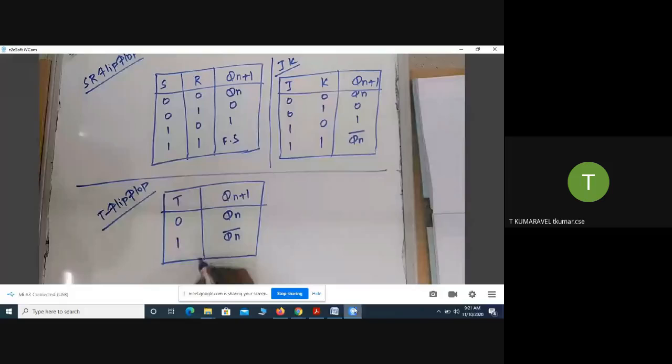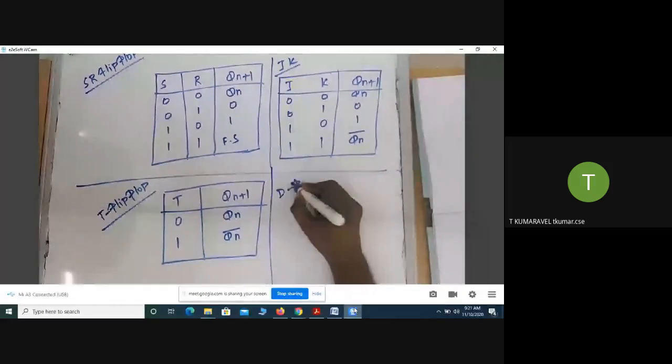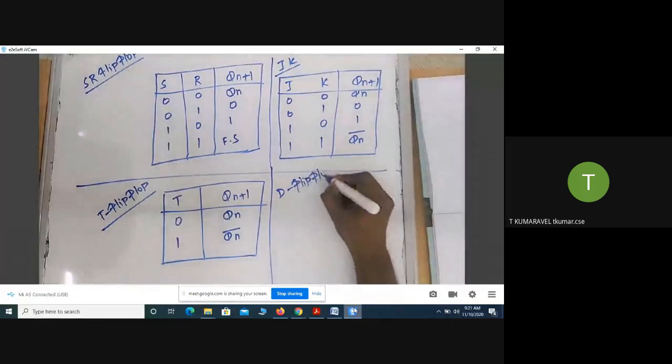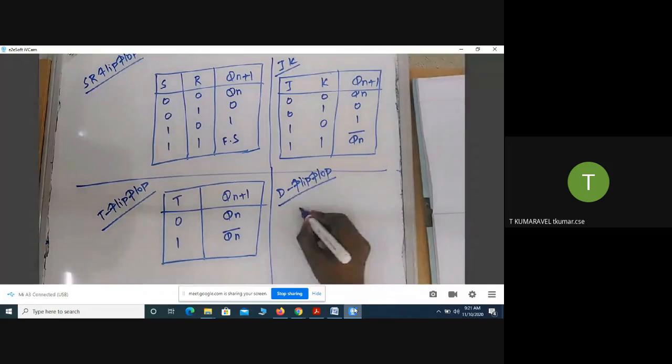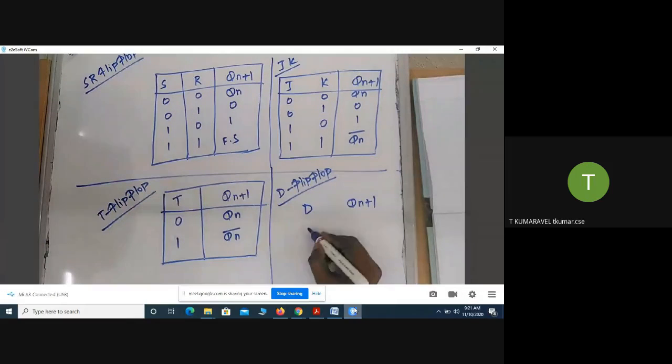The last flip flop is the D flip flop. Can anyone tell what the truth table for the D flip flop is?